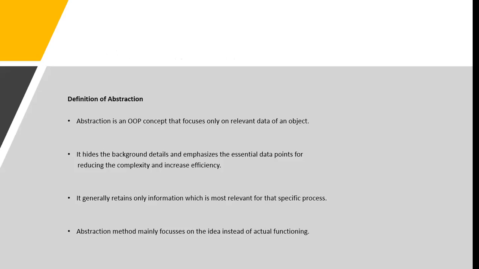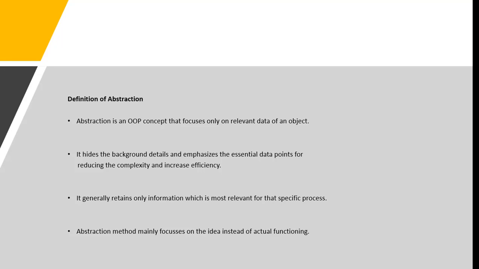So abstraction is an object-oriented programming concept that focuses on relevant data of an object, okay? You only show the relevant data. It hides the background details, and emphasizes the essential data points for reducing the complexity and increasing efficiency.